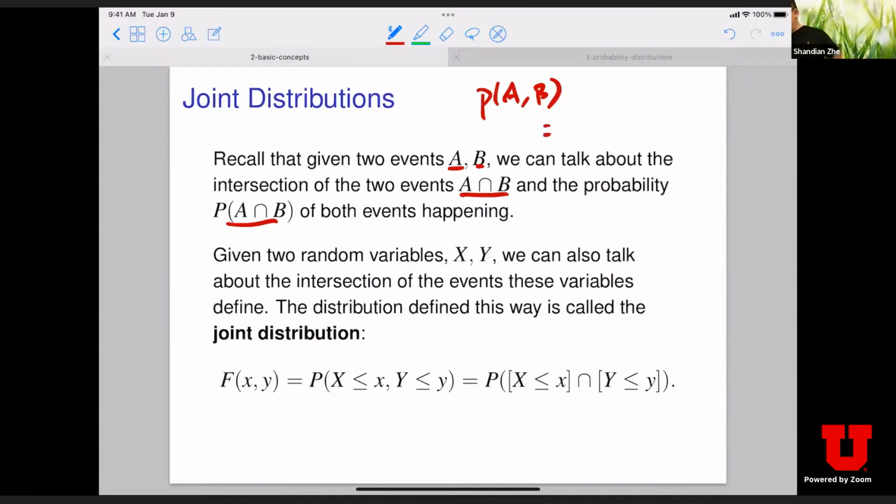And be careful: this is the probability of the intersection between A and B. It is not the probability of the union of A and B. And this one is smaller than the probability of A and the probability of B, as the probability of A intersection B.